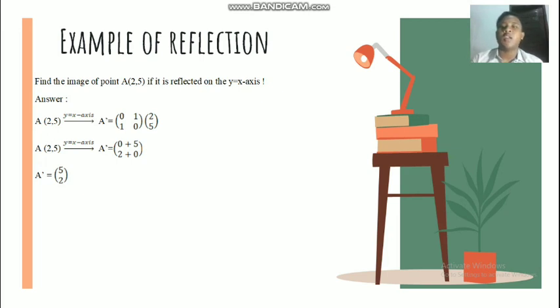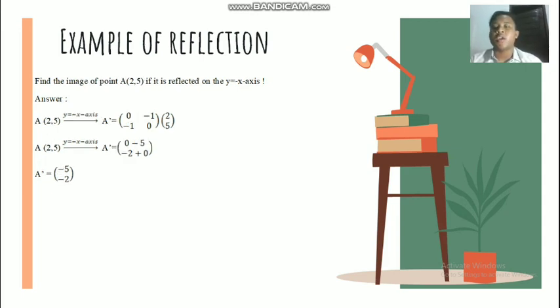Okay, what is the next example? Okay, look at this. Find the image of point A(2, 5) if it is reflected on the line y = -x.